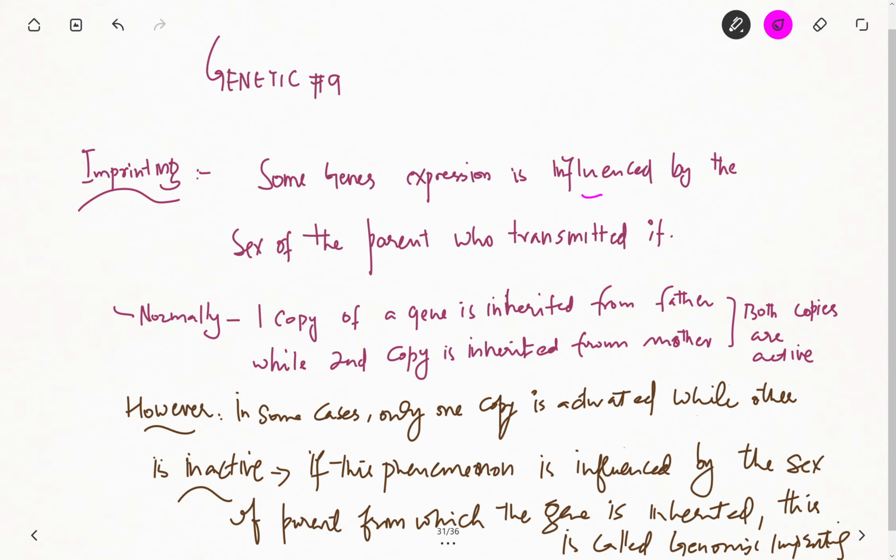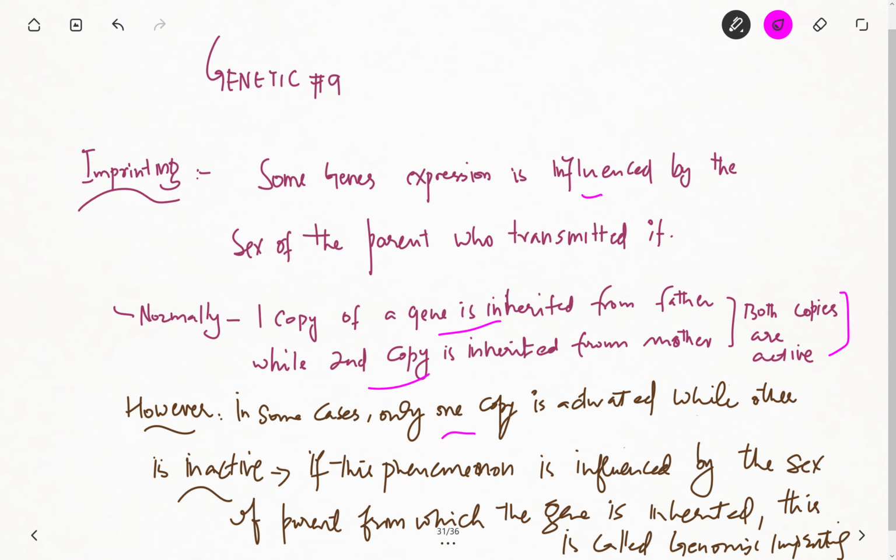Normally, one copy of a gene is inherited from the father while the second copy is inherited from the mother, and both copies will be active. However, in some cases only one copy is activated while the other is inactive.